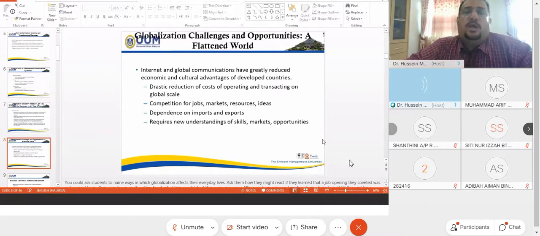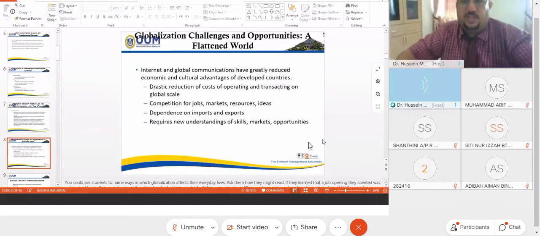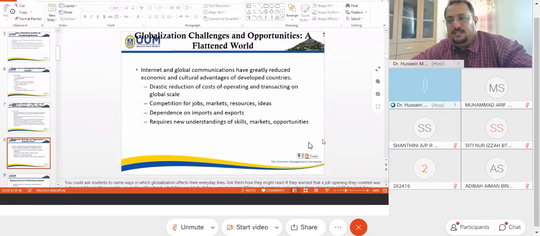Now, you can send the product through the post to any customer all over the world. So there is a drastic reduction of the cost of operating a transaction on a global scale. You can send any product online. If you would like to order from China, we order from China and you can receive it within a few days.